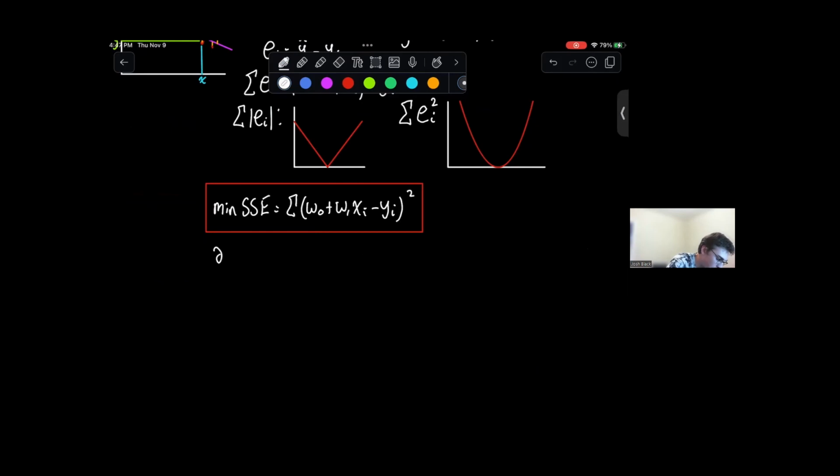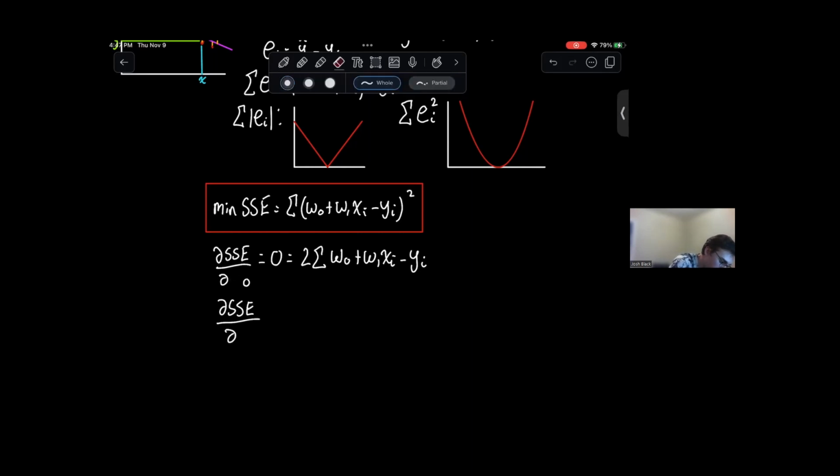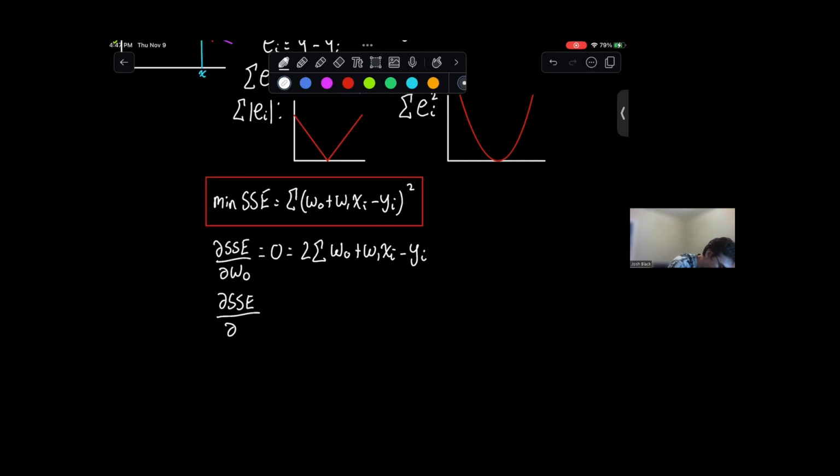To minimize the sum of squared errors, I can take the derivative with respect to W0 and equate that to 0. I get 2 multiplied by the sum of (W0 plus W1 x_i minus y_i). I'll do the same for my other parameter, W1.